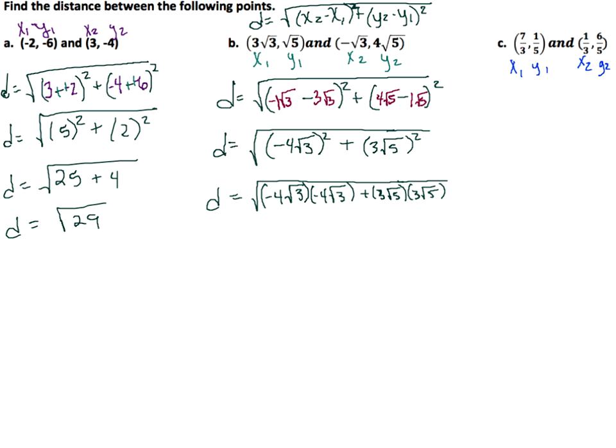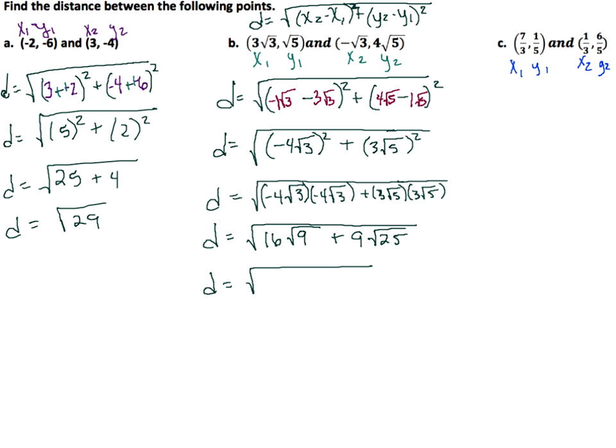So I'm just squaring those things. With roots, you multiply outside with outside, underneath with underneath. So this first term here, negative 4 times negative 4 is positive 16. 3 times 3 is 9. So 16 square root 9 plus 3 times 3 is 9. Square root of 5 times the square root of 5 is the square root of 25.